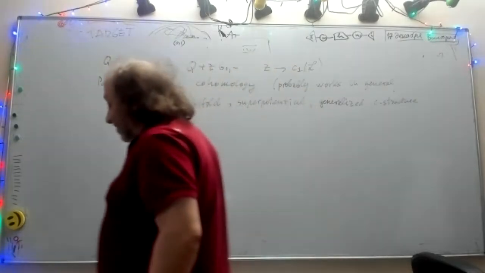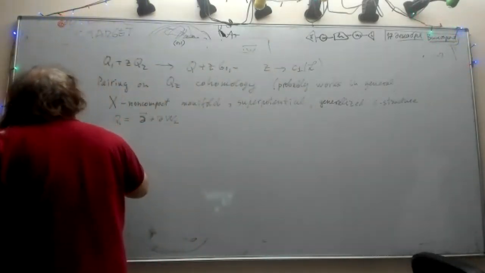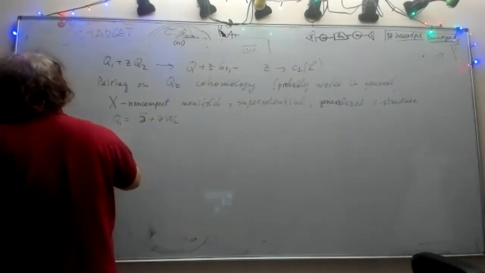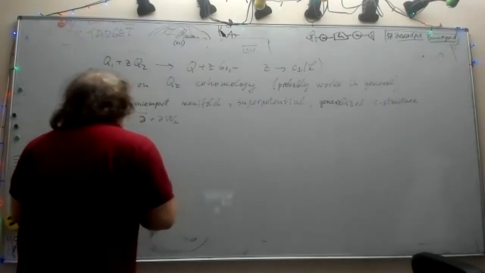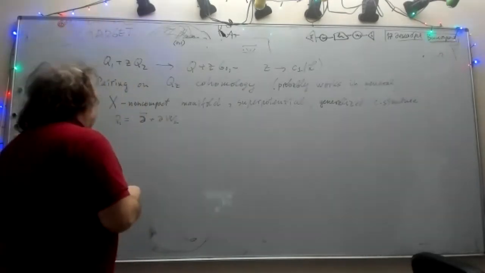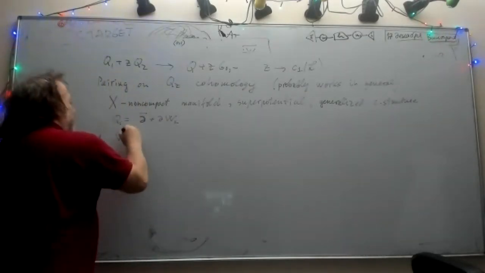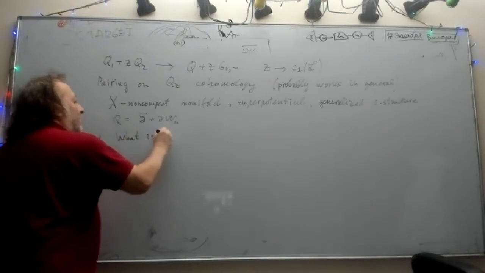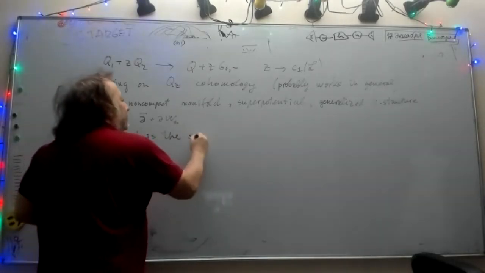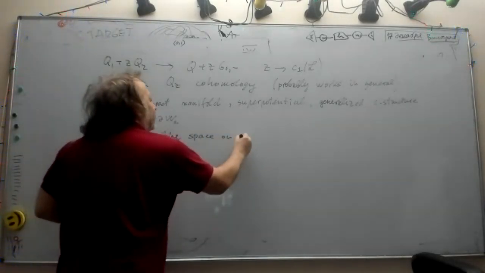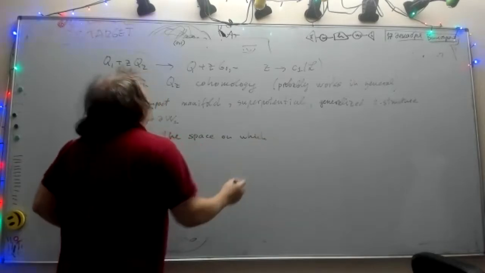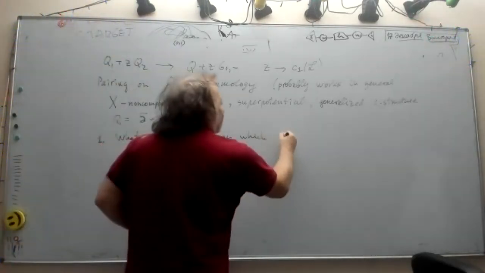So first, before I write the pairing, let me ask the first question. What is the space on which I study this QZ cohomology?